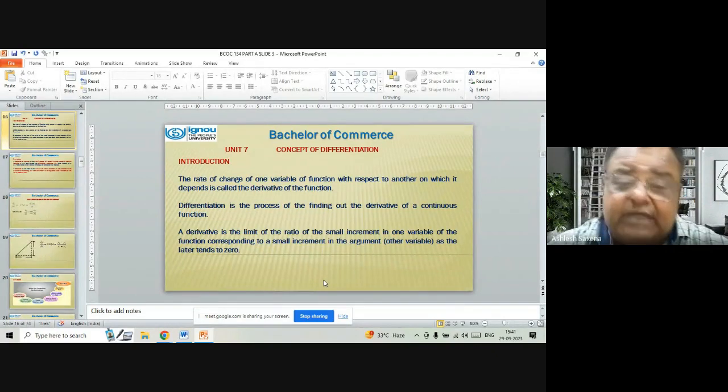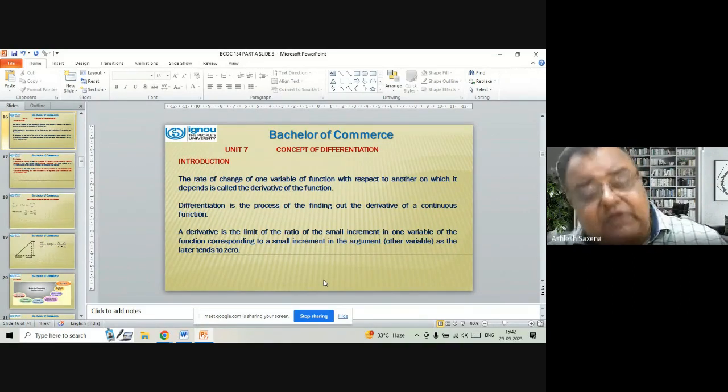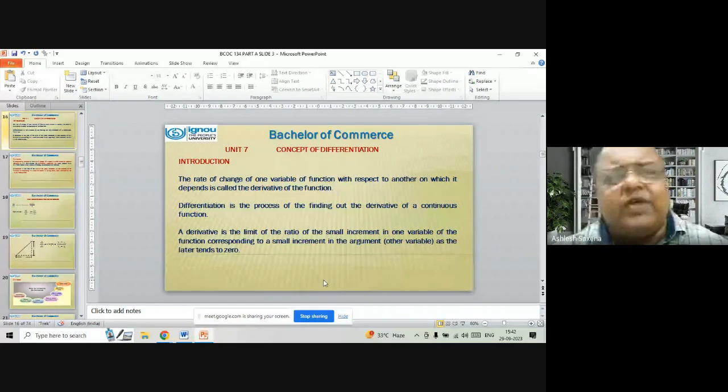A derivative is the limit of the ratio of the small increment in one variable of the function corresponding to a small increment in an argument, that means the other variable, as the latter tends to 0. Rather, we can say that it is the next step of continuity.